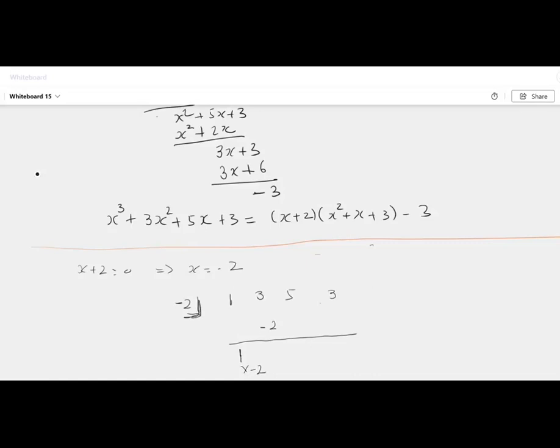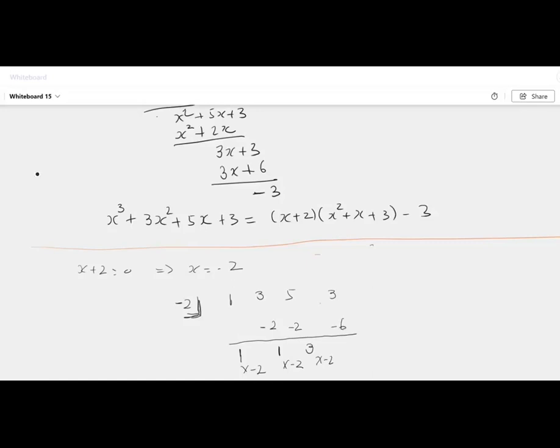And then 3 plus minus 2 is 1, and then you multiply this 1 by minus 2 to obtain another minus 2, and then you add 5 minus 2 is 3, and then you multiply this by minus 2 to get minus 6.